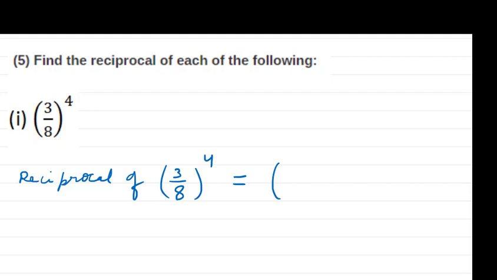Only the fraction will change: the numerator will become the denominator and the denominator will become the numerator. Here the numerator was 3, now it will become the denominator. The denominator was 8, so it will become the numerator. So the reciprocal of 3 by 8 to the power 4 will be 8 by 3 to the power 4.